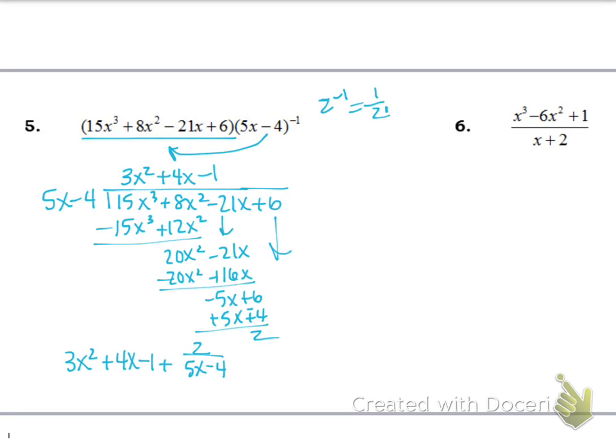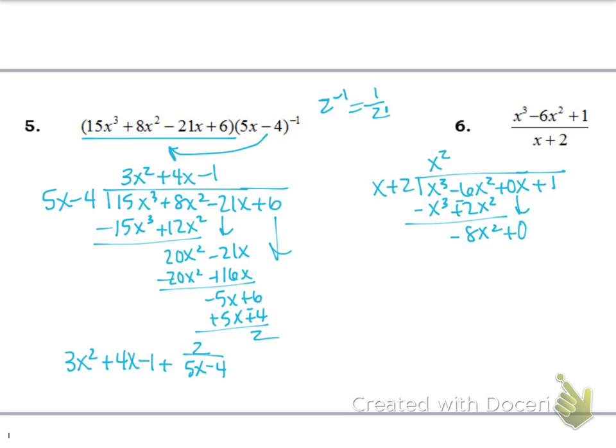Okay, next one here, got my x plus 2, x cubed, I got my squared, I'm missing my x, and then I got my 1. So I need to multiply it by x squared. Flip. So I got negative 8x squared. We drop our 0x. So minus 8x to get me my negative 8x squared minus 16x.